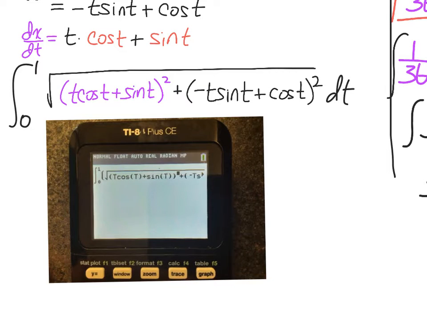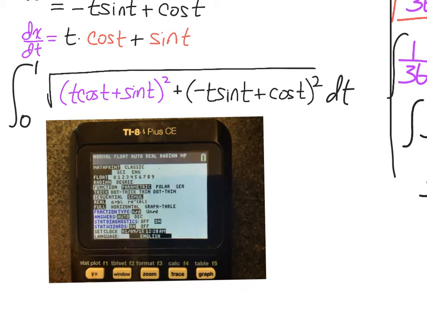The transition from screen to screen is a little annoying though, because it kind of jumps a little bit, so it's easy to lose your place. But take a quick look and make sure everything's the way you want it to be. Specifically, every set of parentheses you open should have a corresponding set of parentheses to close. All right. The mode should be radian.